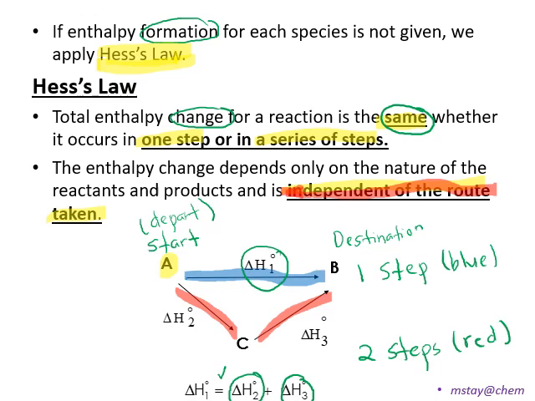Even though we are using different routes, at the end we still reach point B. One uses one step and the other has a transition station, but the energy used for both routes is the same. This is the idea of Hess's law.